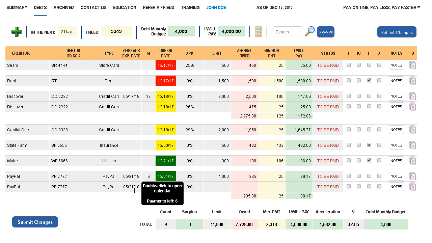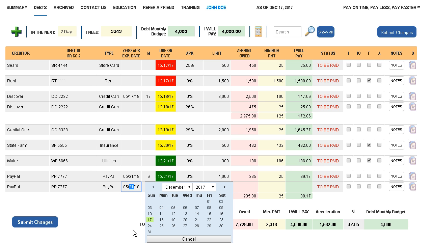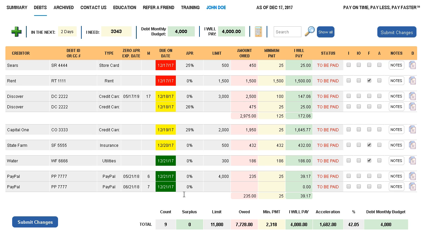let's say that I bought it at a different date, right? So this expiration date might be 6/21. Okay, 6/21. Let's click cancel. This is a 0 interest. The limit is the same. All right, didn't change.